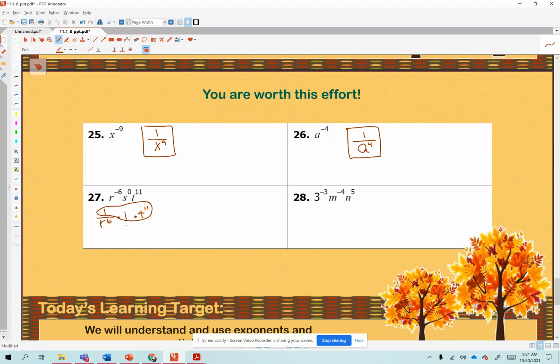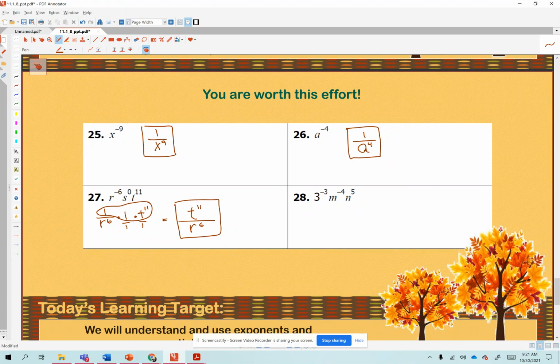These are all numerators because we could put a denominator of 1 under anything. So what we have is 1 times t to the 11th in the numerator, and r to the 6 times 1, which is r to the 6, that's our denominator. Were you able to figure that out?